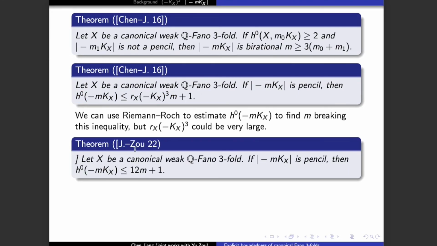And this is actually okay. This is my new paper, joint work with Yu Zou. We show that we don't need this big r times the degree times m. We only need 12 of it. So we can show that if this linear system is a pencil, then the H0 of minus mkx is bounded by 12m plus 1.